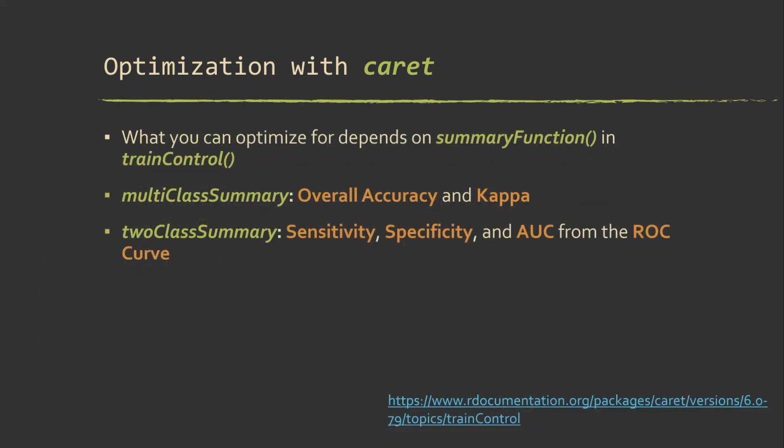Okay, what metric you can optimize on is going to depend on how you define the settings in the summary function and the trainControl. Again, we'll look at this in the examples. So, for example, if you use multiClassSummary, you can optimize on the overall accuracy or kappa. If you use twoClassSummary for a binary classification problem, you can use sensitivity, specificity, or the AUC from the ROC curve.